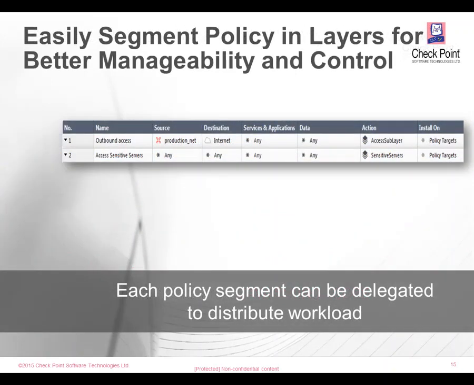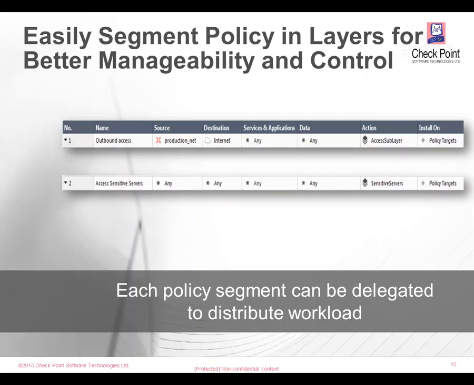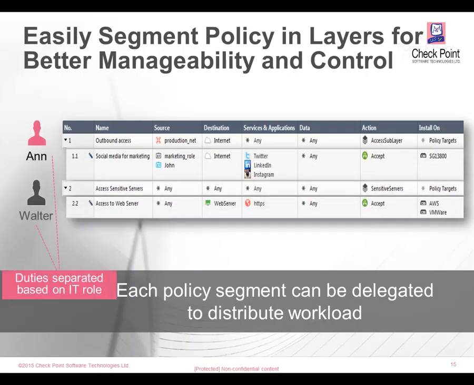Also, I mentioned earlier we have something called policy layers. I'm going to talk a little bit more about policy layers later, but with the introduction of policy layers, you can take this unified policy that we talked about and segment it into different manageable chunks to delegate tasks and separate duties based on IP, operational or organizational role. For example, in this case, Anne is in charge of application control and URL filtering.